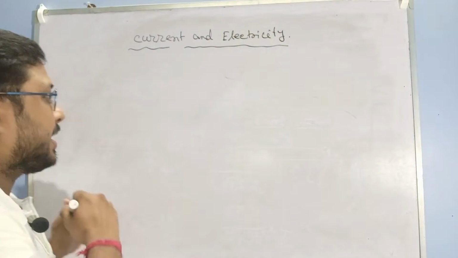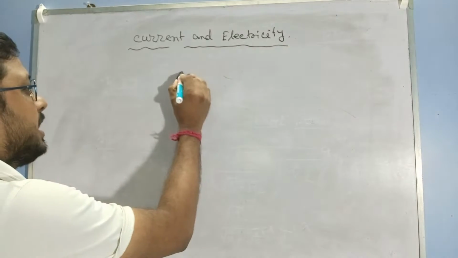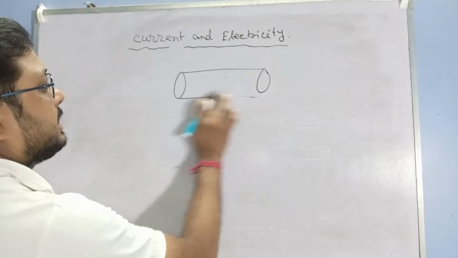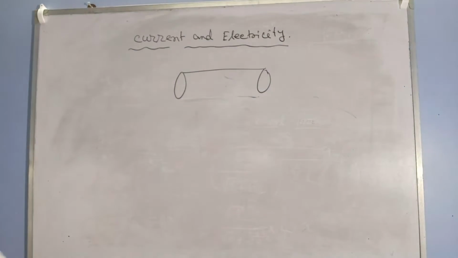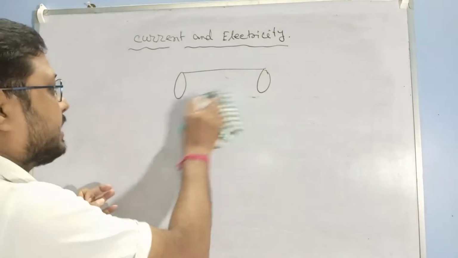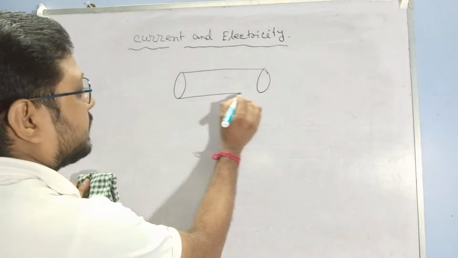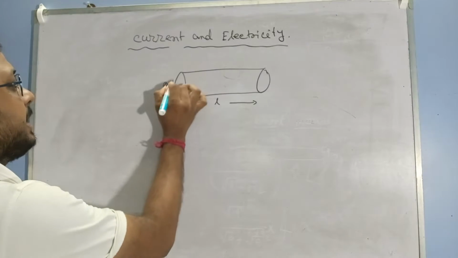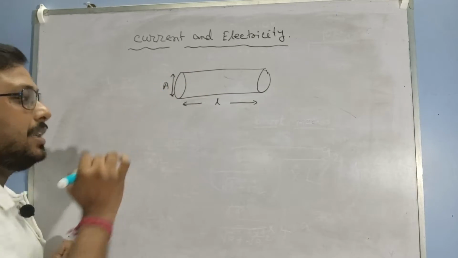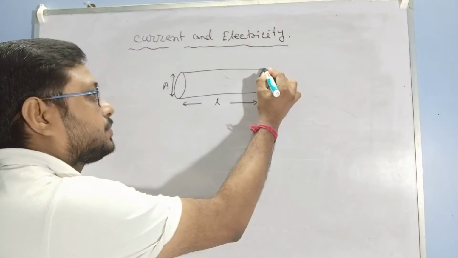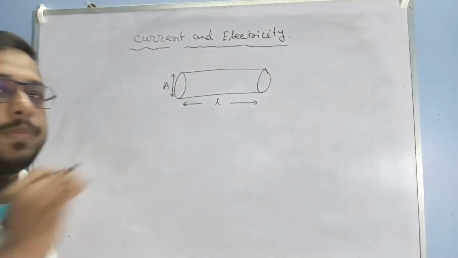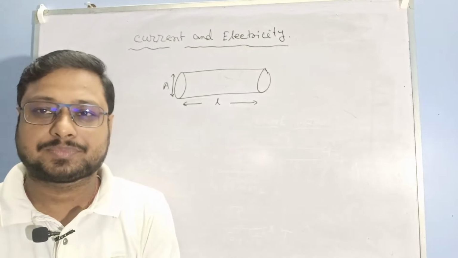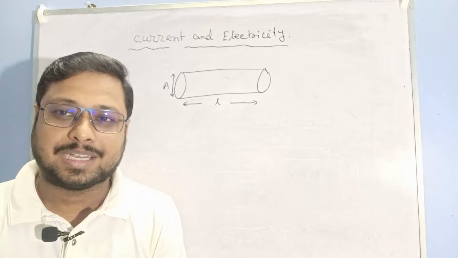If we take a conductor of uniform cross section A and length L, then what is the cause of flowing current through this conductor? Do you know?